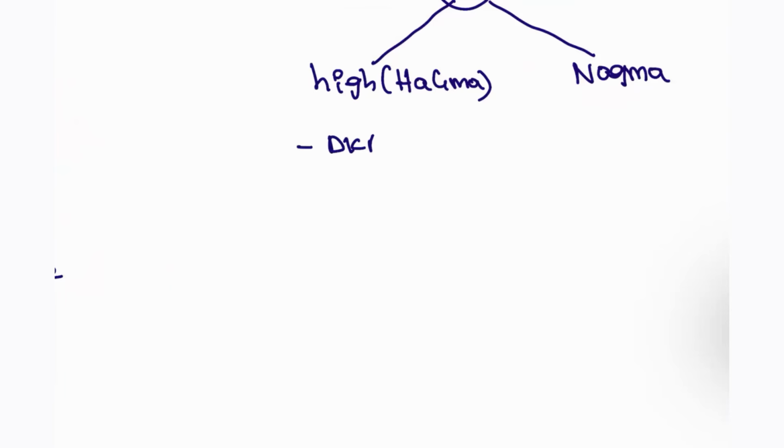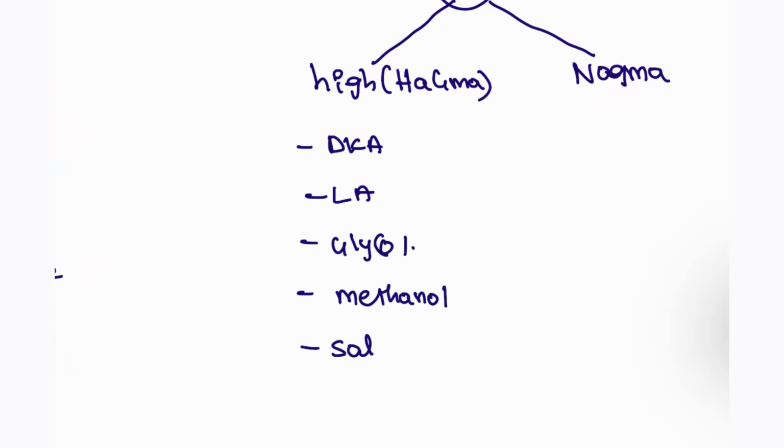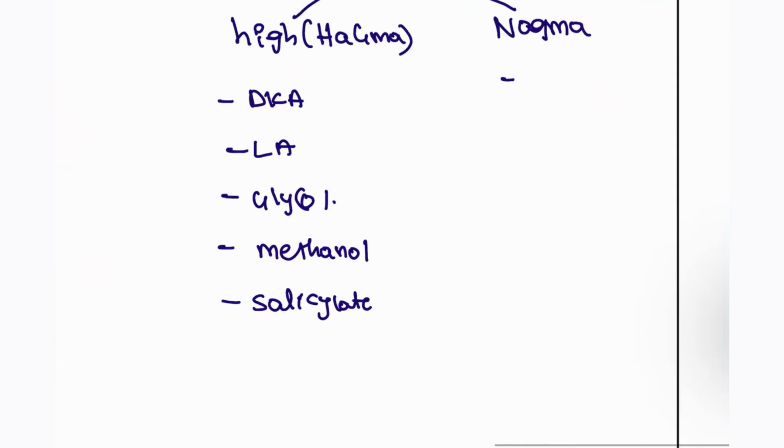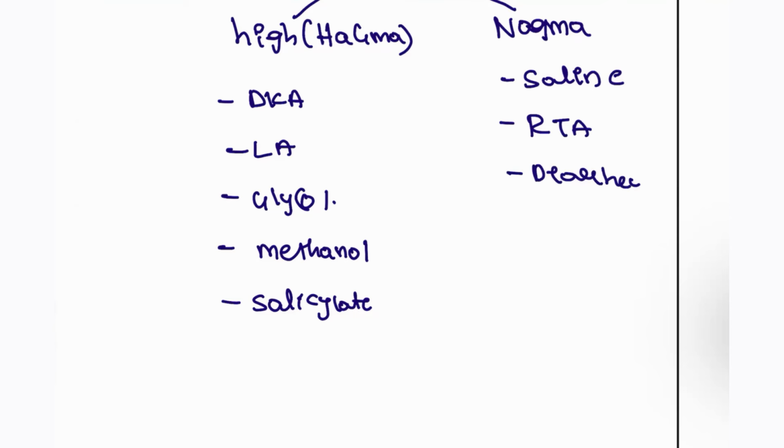First, DKA, lactic acidosis, glycol poisoning, methanol poisoning, and salicylate poisoning, like aspirin poisoning. Next, NAGMA will be seen in patients with saline infusion, RTA, or VIPoma, diarrhea conditions, or those taking spironolactone.